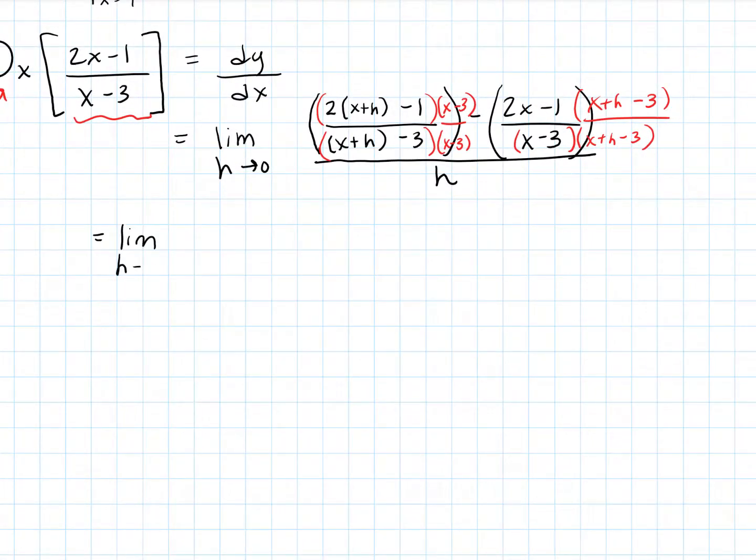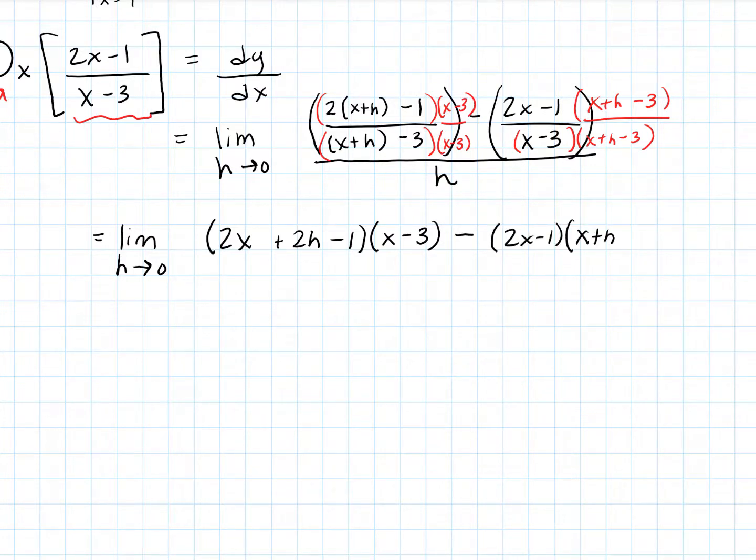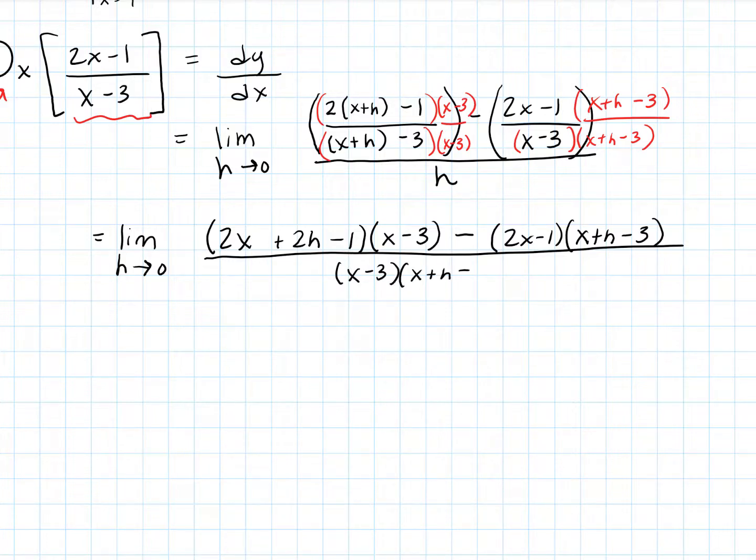So let's see. What do we get up here? So in the top, I have 2. I'm going to distribute a couple things here. So 2x plus 2h minus 1, and then I need to multiply by x minus 3. And then I need to subtract 2x minus 1 times x plus h minus 3. And all of that is going to be over x minus 3 times x plus h minus 3.